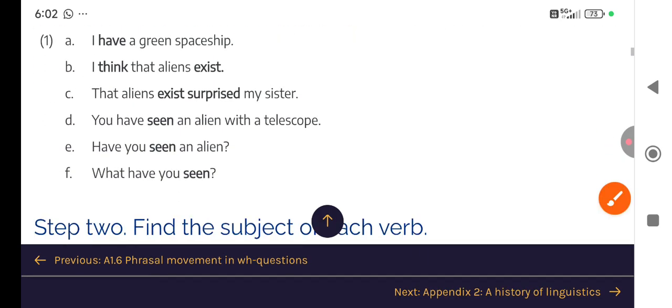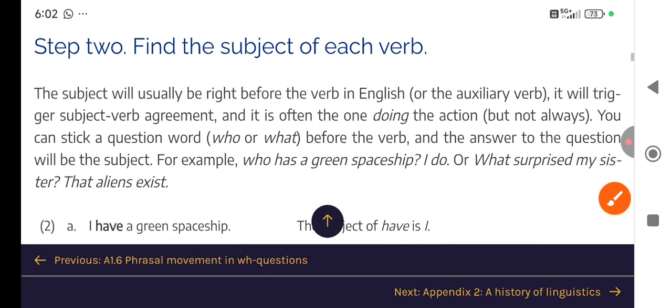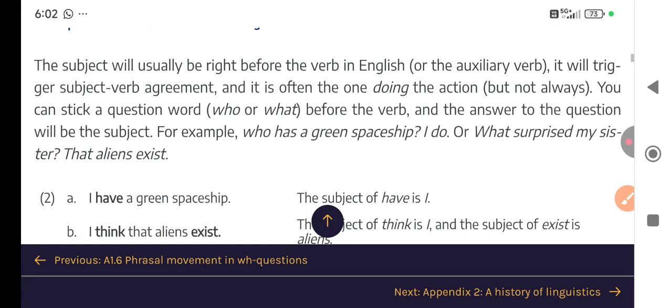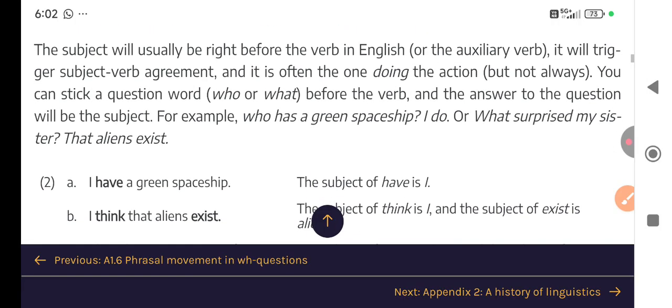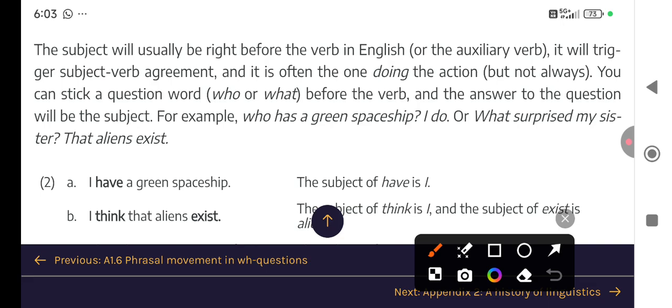Now, second step. Step 2 is find the subject of each verb. The subject will usually be right before the verb, or the auxiliary verb.